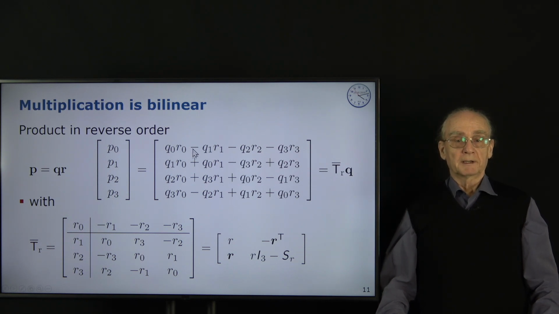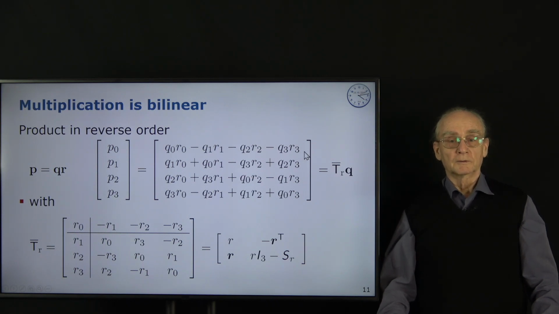And if we compare the coefficients, we find here r0, r1, r2, r3, and then we see here the negative values of r, which is r1, r2, r3. And we again see here the cross product terms.